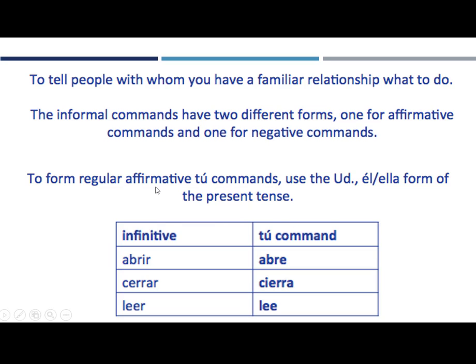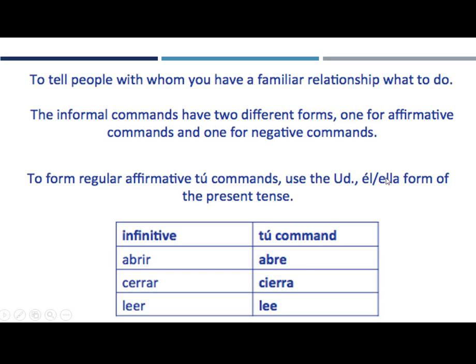How do we conjugate? What is that affirmative form that we're using? Well, this is the easiest part. This is the super easy part about all of these commands. Each verb, leer, cerrar, abrir, estudiar, viajar, any verb, just put it in the present tense and then go through the forms until you get to the usted, ella, or él form.